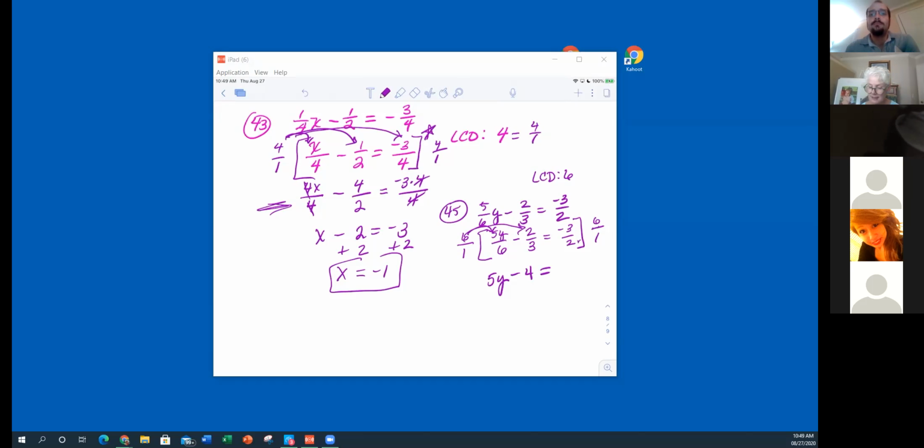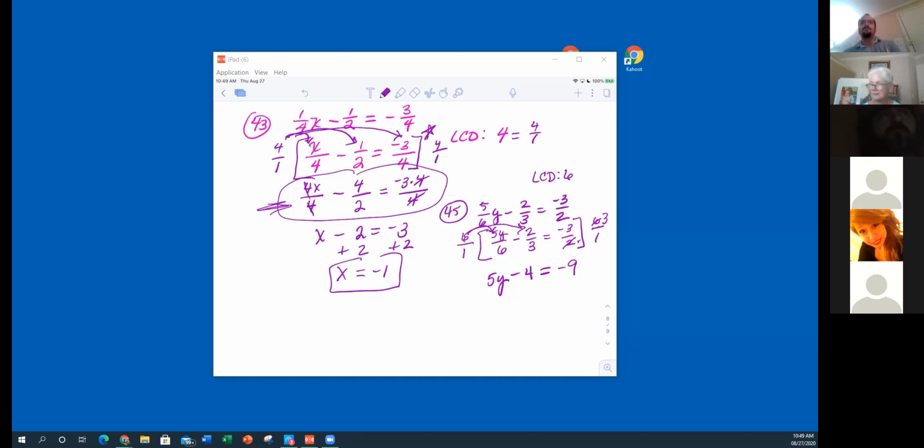And 3 times negative 3 would be negative 9. Does everyone see how that works? The 2 goes into the 6 3 times, and then the negative 3 times 3 is negative 9. And if you don't like that, you can show all of this stuff right here too.